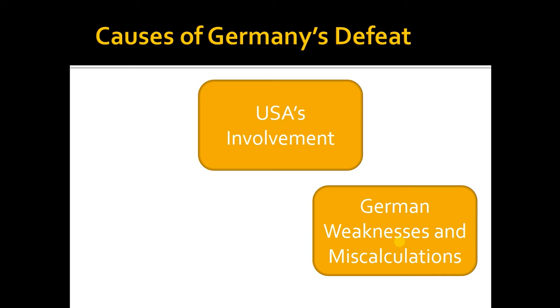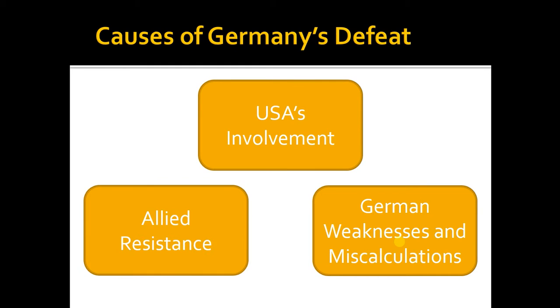And finally, you had the Allied powers themselves, Allied resistance, for example on the part of the British and the Soviet Union, as a form of resistance against the Axis powers, and particularly Germany. By the end of this chapter, we'll look at the interrelationship between these few factors.